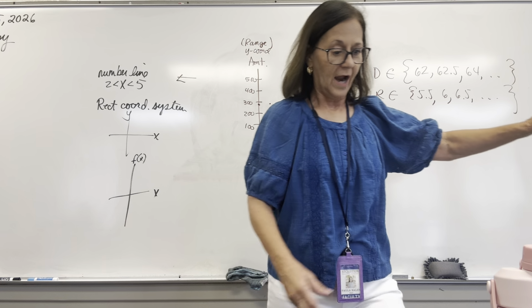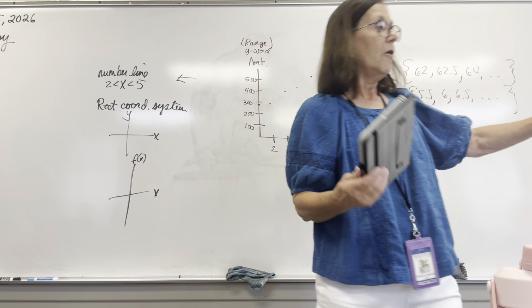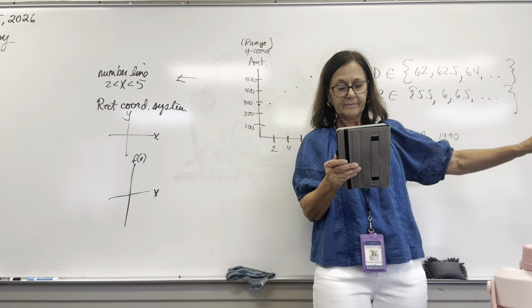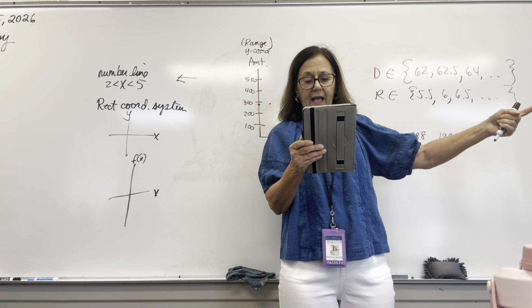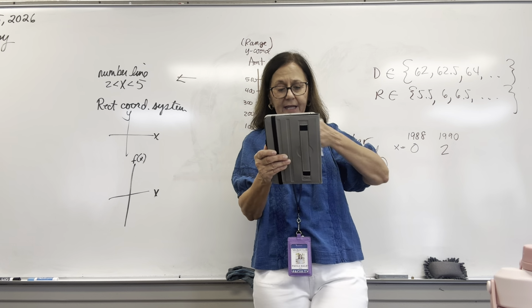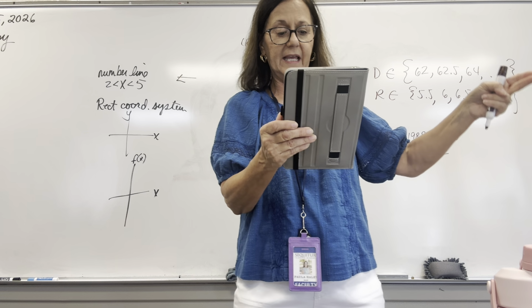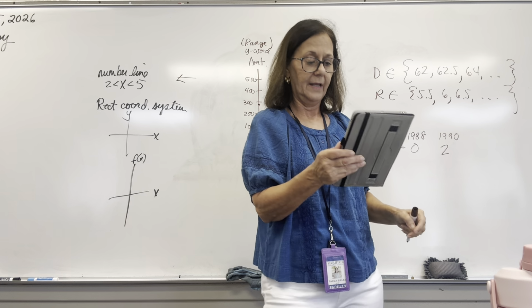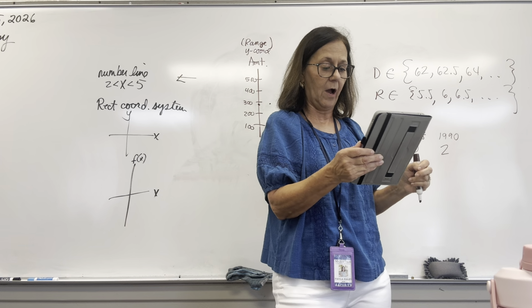Got it? All right, so looking at example 4, Ella, A. In that relation of those coordinate pairs, is that a function? And if it's not, then tell me why.